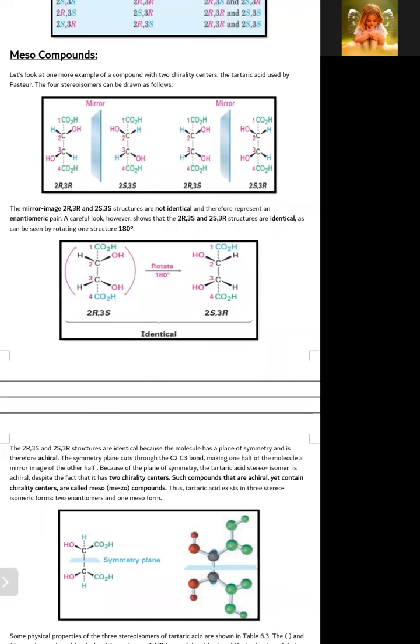The 2R3R and 2S3S are mirror images of each other, and the other, 2R3S and 2S3R, are also mirror images of each other. The mirror image 2R3R and 2S3S structures are not identical and therefore represent an enantiomeric pair.